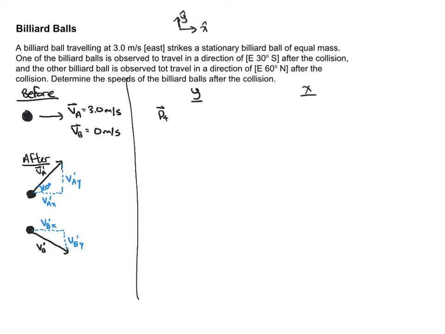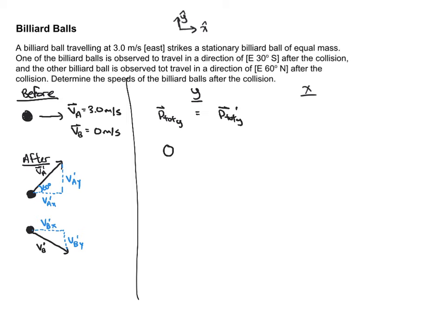So the total momentum in the y direction before the collision has to equal the total momentum in the y direction after the collision. And for the y direction, we're a little bit lucky that it starts off with no momentum, 0 in the y direction, because we just had one ball moving and it was moving east, perfectly east. So there was no motion north or south.